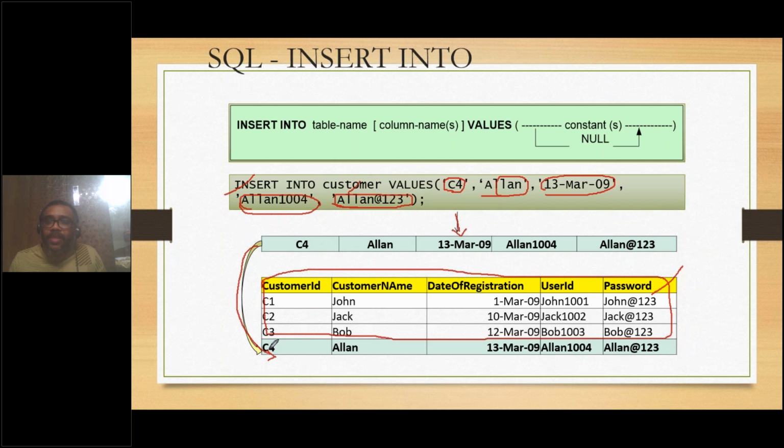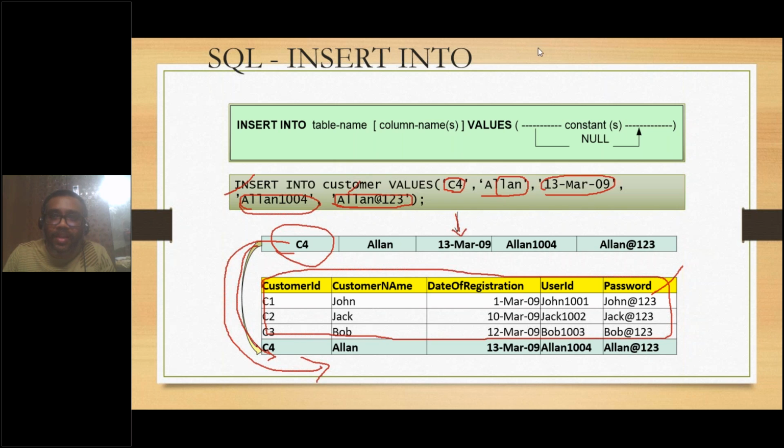The insert command always inserts a new row at the end of the table, if it is a plain table with no indexes. Since we are talking about plain tables, it always inserts at the end.